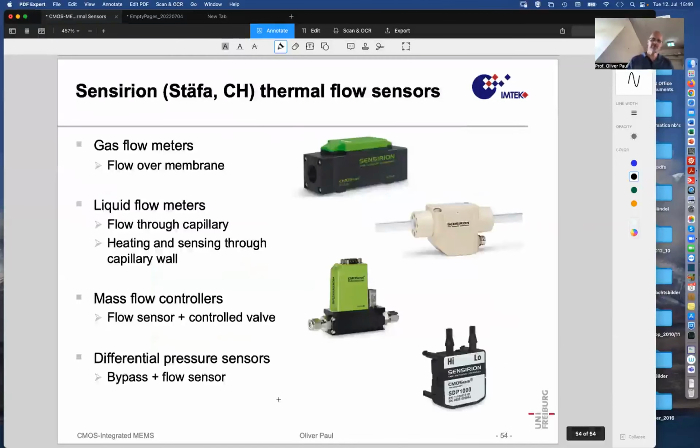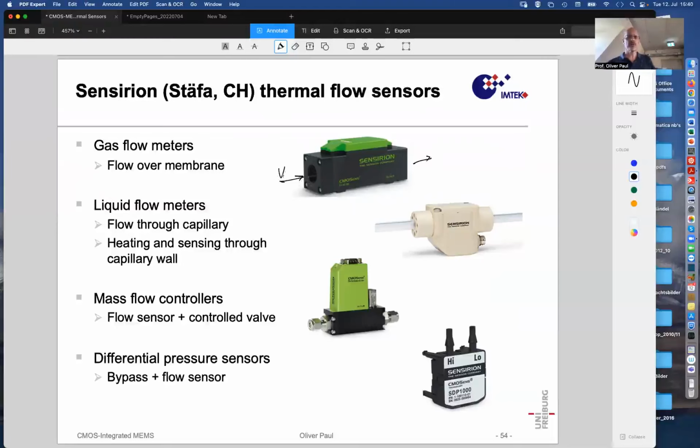Yeah, and so final slide of this chapter, some flow meters I picked from the website many years ago. So this is basically an instrument that can be hooked up to some hoses, and then will measure the flow through this orifice.